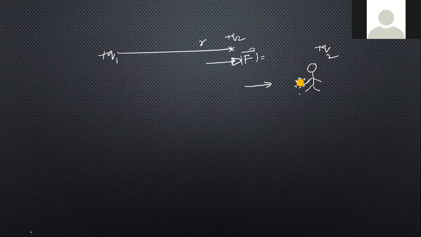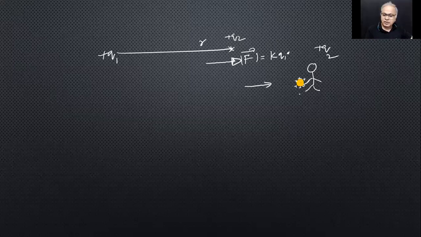Just a minute. K Q1 Q2 by R square is the magnitude. But if I would like to write the vector, it is K Q1 Q2 by R square into R cap or I cap, anything I can write.